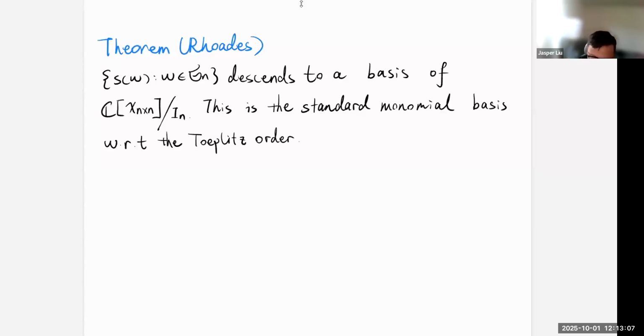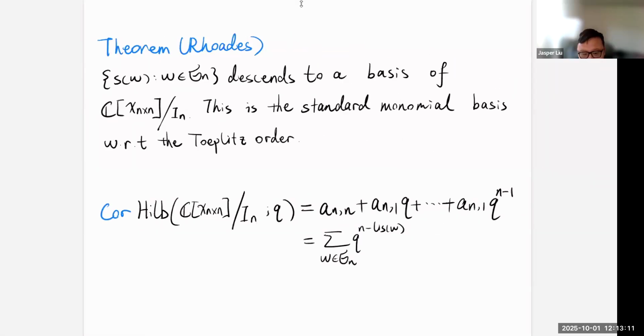All right, and this gives an immediate corollary that the Hilbert series of this quotient ring is just given by A_{n,k}. Remember, A_{n,k} just counts the number of permutations of n such that the longest increasing subsequence has length k.